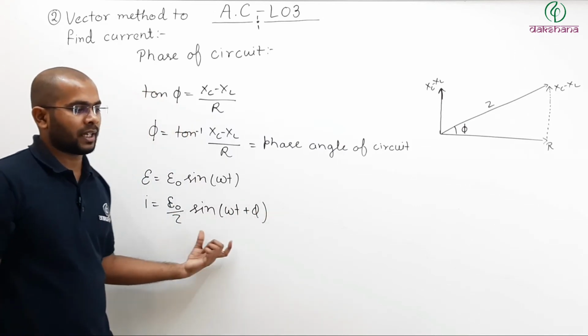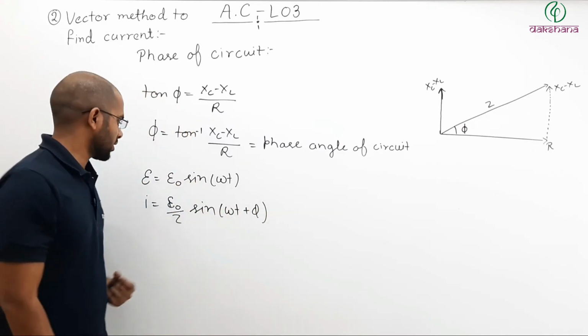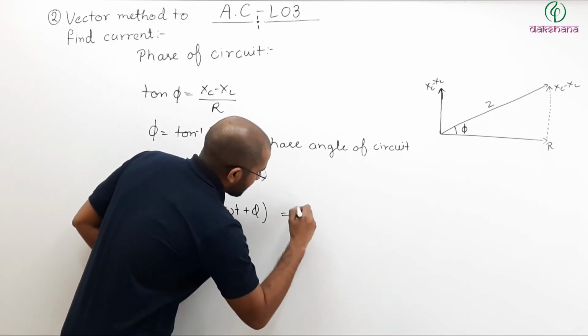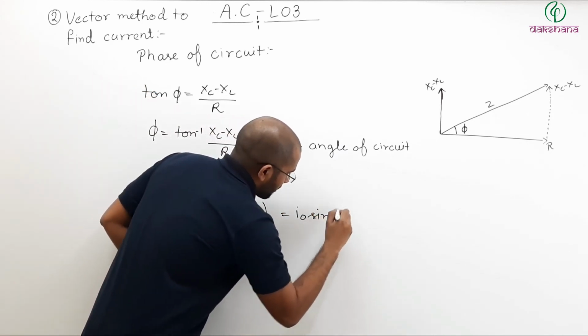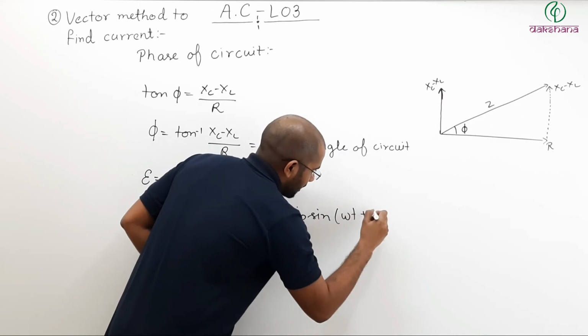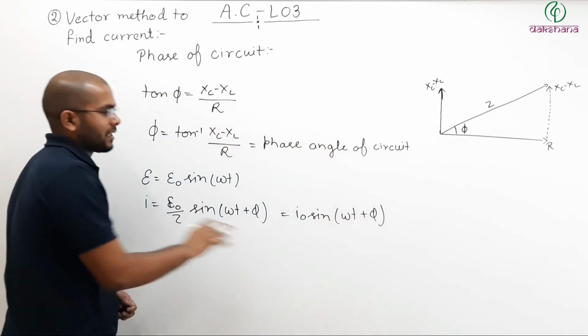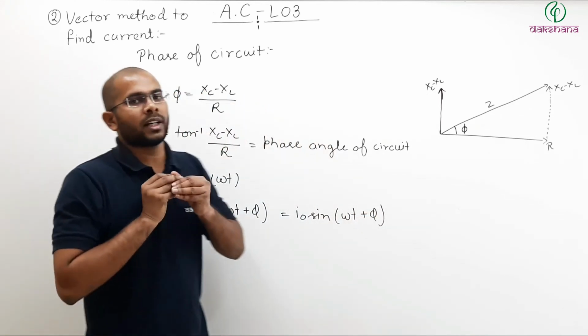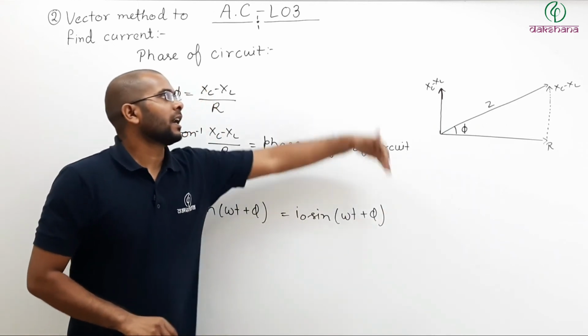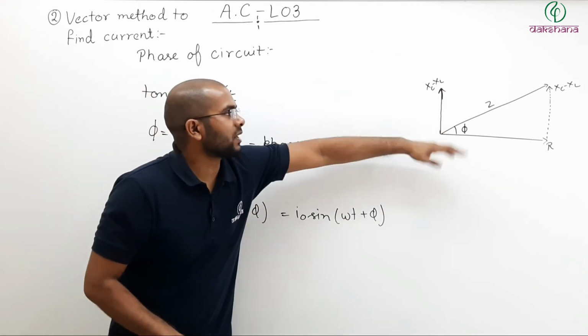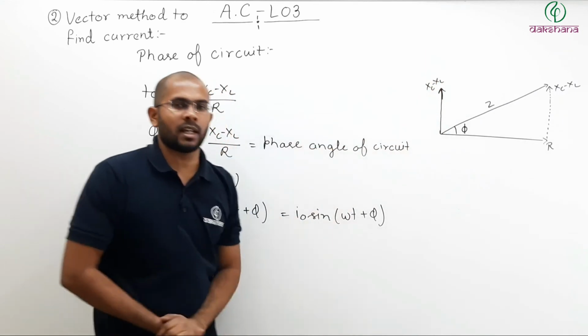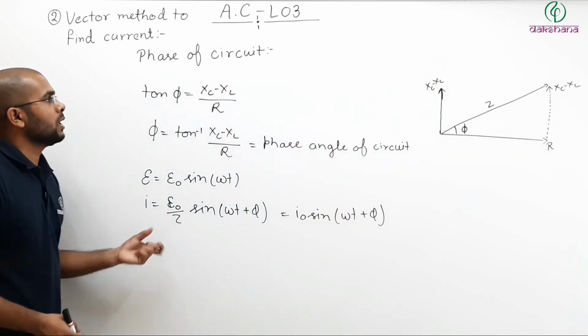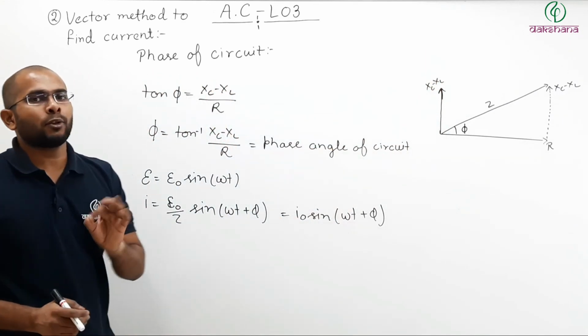So that will be your equation of current, and this can also be written as I naught sine of (omega t plus phi). So that is the purpose of finding the phase angle and treating R, XC and XL as vectors. Pause the video, note it down, then we will try to verify.